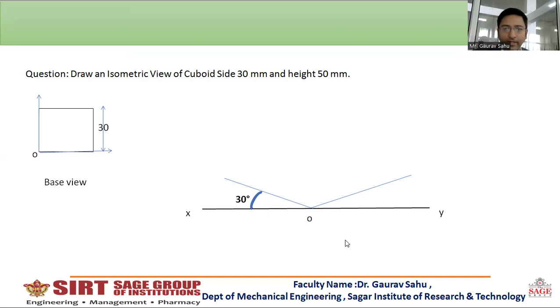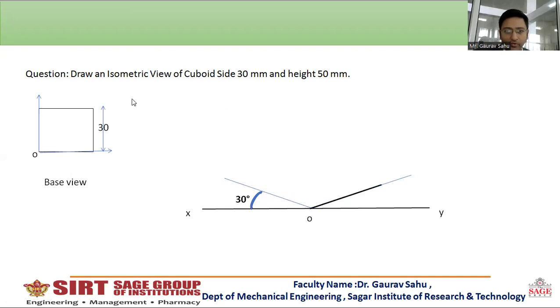This is the basic important thing when drawing the isometric view: first draw the x-axis and y-axis, and from the center O draw the leftward and rightward lines at 30 degrees. You do this in every isometric question. So one step has been completed.